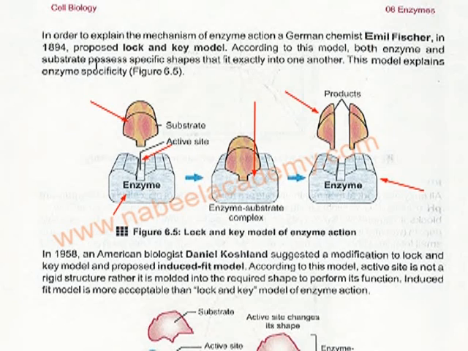He said that they have specific shapes that fit exactly into one another. What is the significance of this model? It explains the enzyme specificity, that the enzymes are specific for a specific substrate.